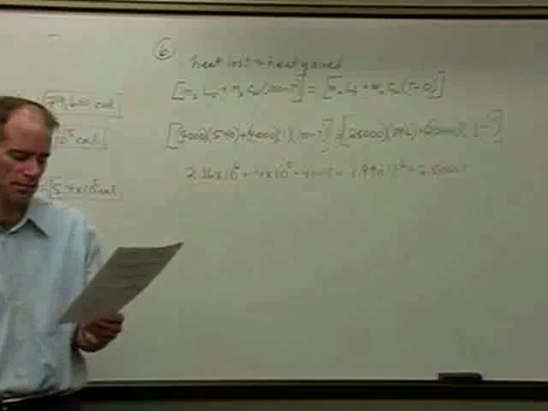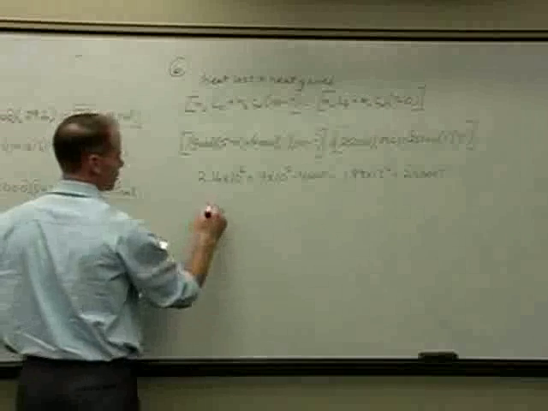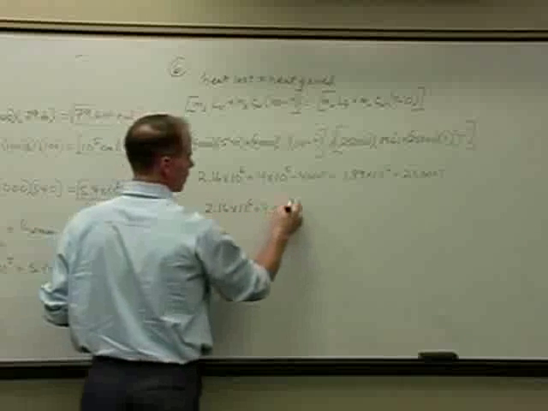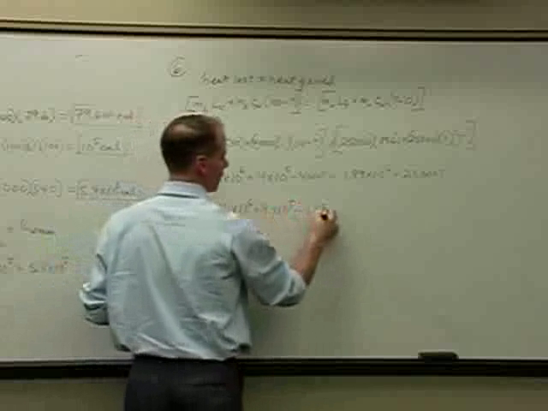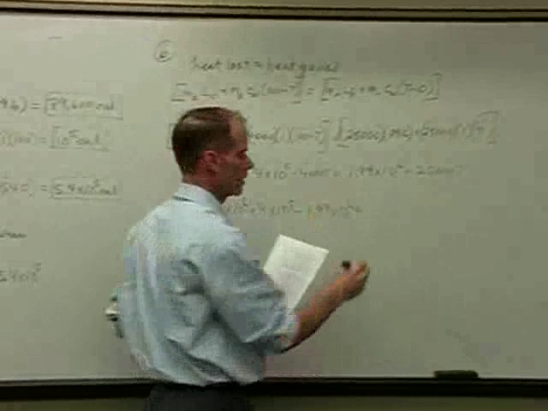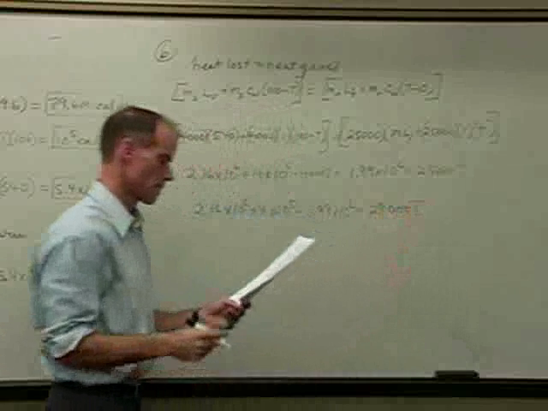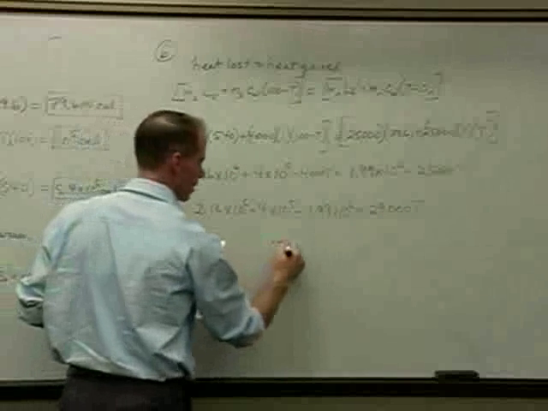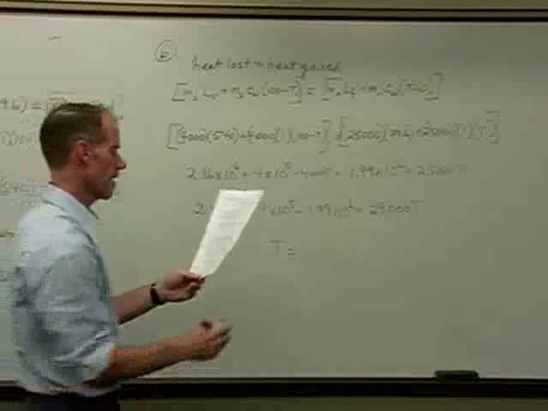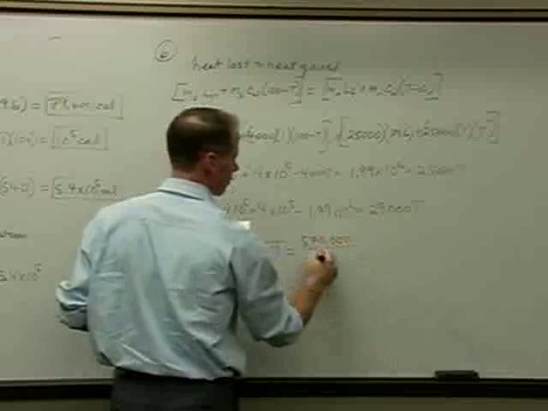Put all the T's on the same side and put all the numbers on the other side. So here we have 2.16 times 10 to the 6 plus 4 times 10 to the 5 minus 1.99 times 10 to the 6 equals 25,000 plus 4,000 gives us 29,000 T. And so T will equal all of this, which is 570,000 divided by 29,000.